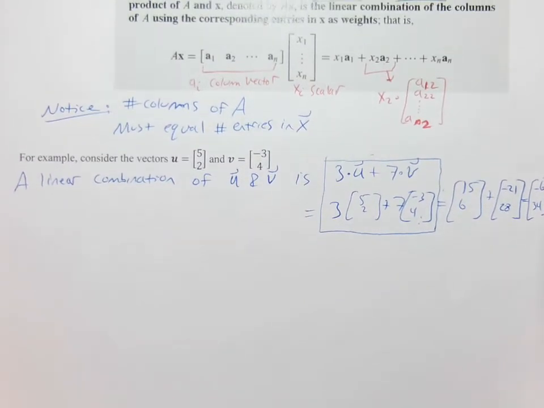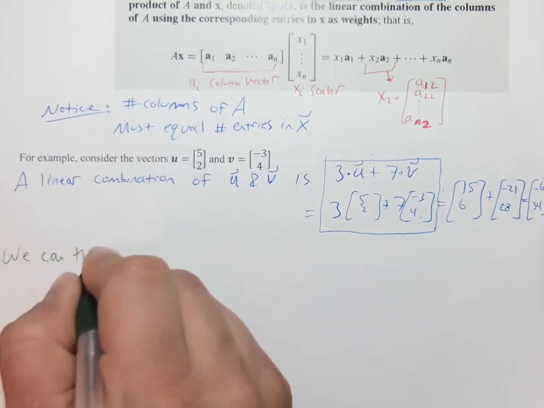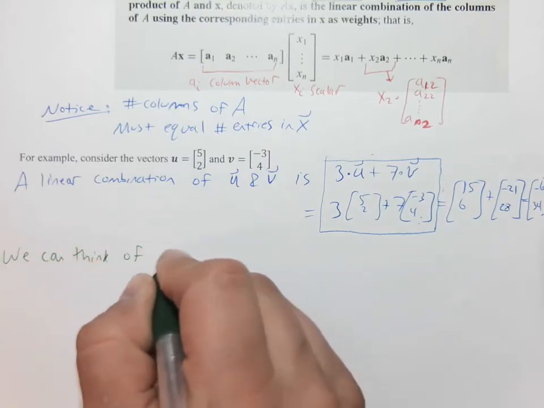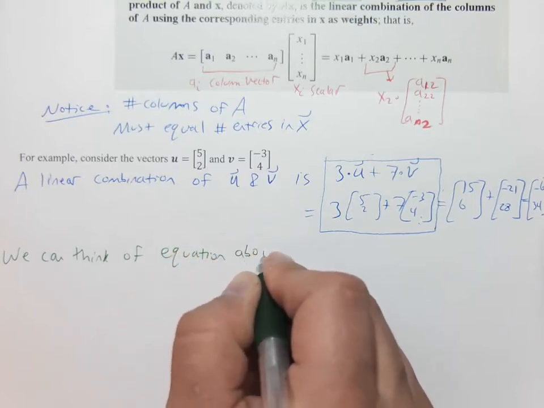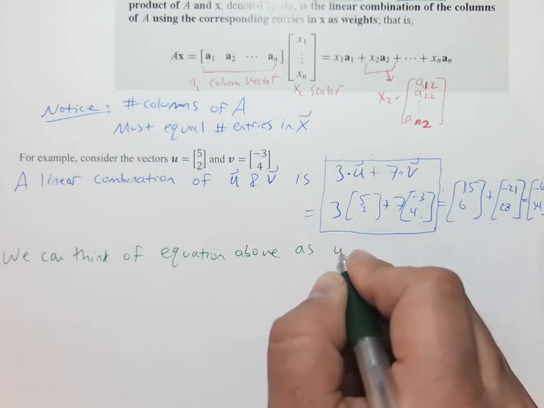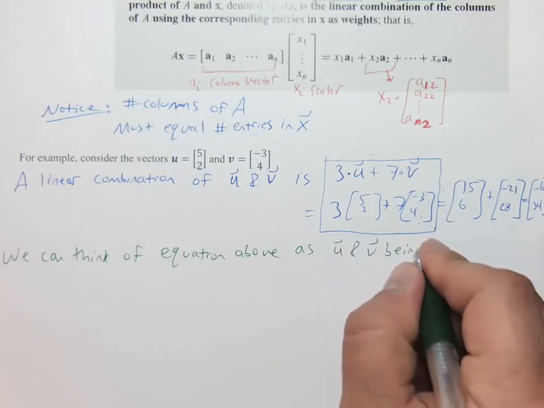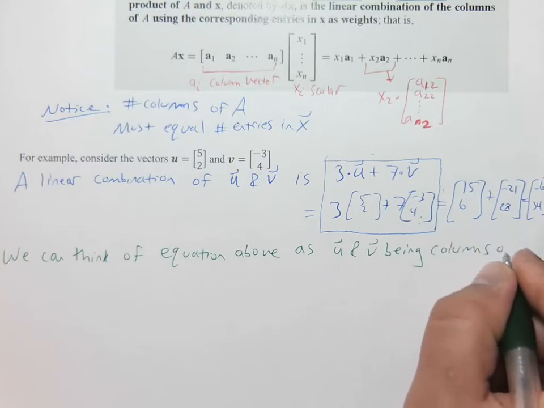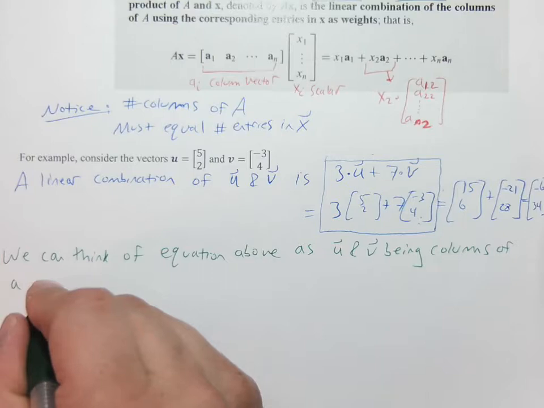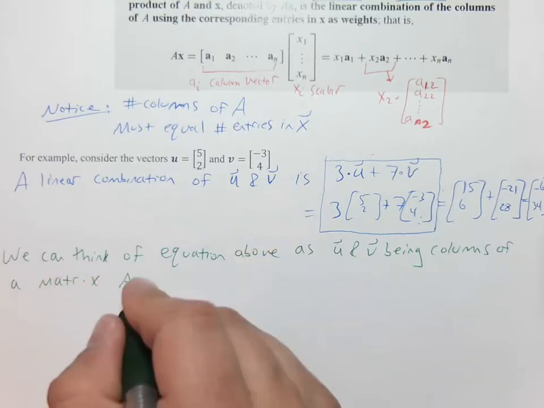So we can think of the equation above as the vectors U and V being columns of a matrix. And so let's just call it A to make it look more like the definition.